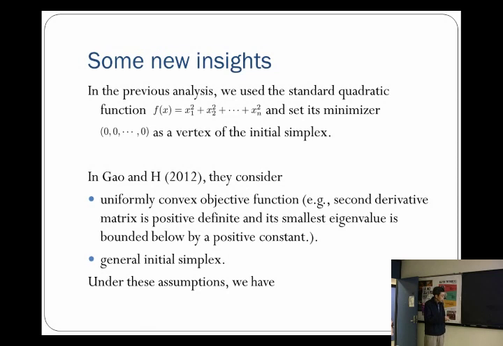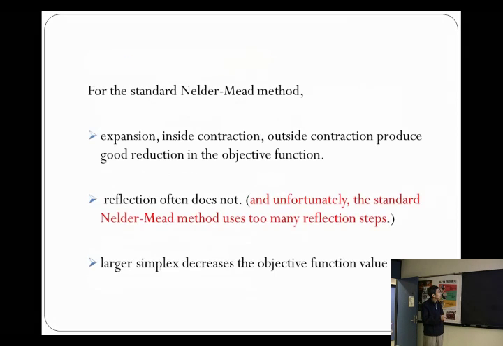Under these new assumptions, we got some new discoveries. What we found for the standard Nelder Mead method is that the extension step, the inside contraction step, and the outside contraction step produce good reduction in the objective function. These are good steps, but not the reflection operation. In a simple sentence, reflection is not a good operation.